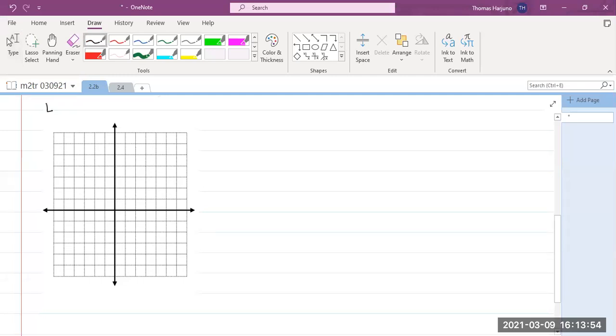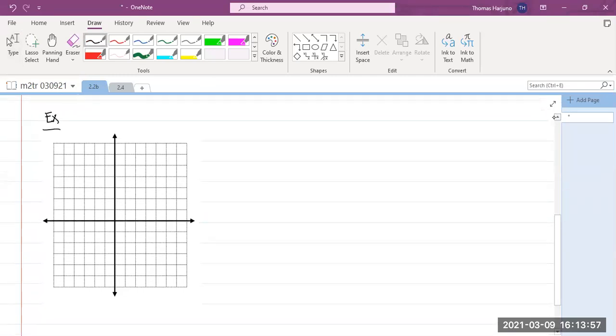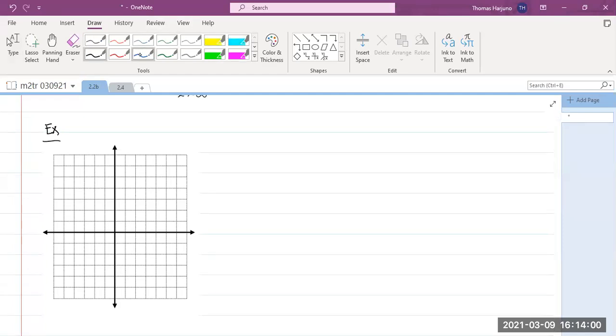And then I will graph it this way. Let's say we have this graph.